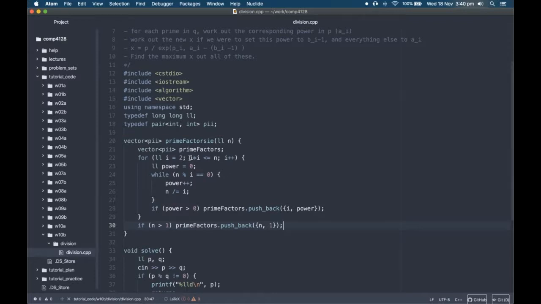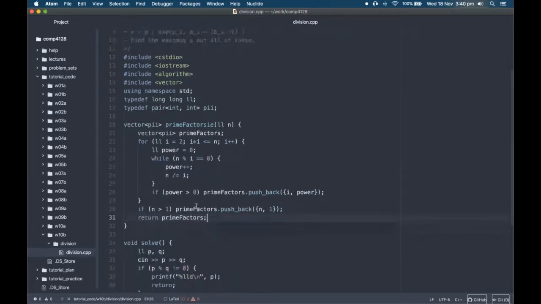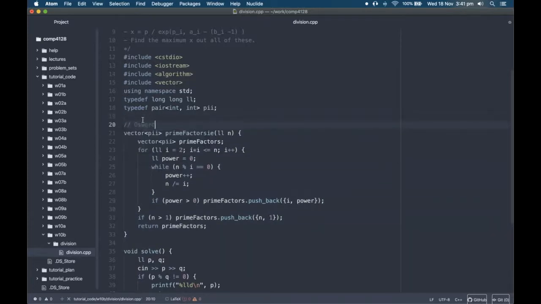So if we test all the primes up until the square root of n, and we find all of them, and there's still one of the primes left, then that must be the prime that's larger than the square root of n. And so we can just push that on directly with power 1. Then we can just return prime factors at the end of it. That's prime factorization there. This is order square root of n.